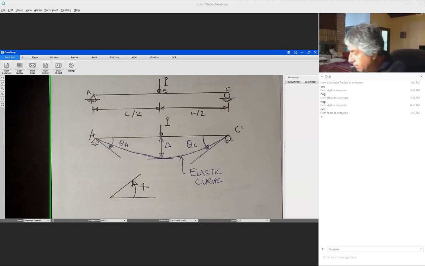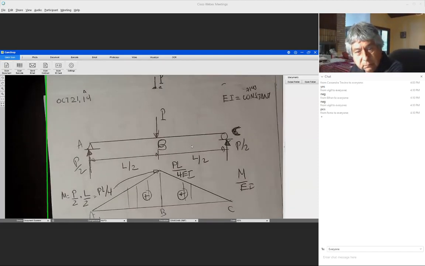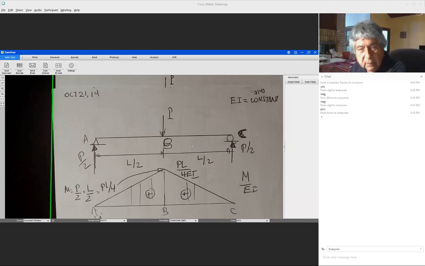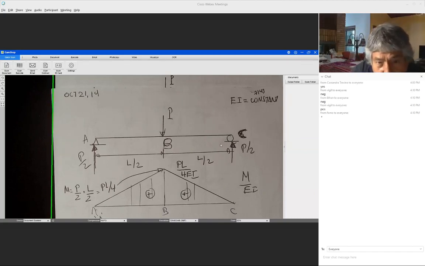And this is the problem. This is a simple beam. The load is in the middle, so this reaction is P over 2 because of symmetry. This force times this distance, P over 2 times L over 2, gives P L over 4, that is the moment. And the moment diagram is formed by straight lines.